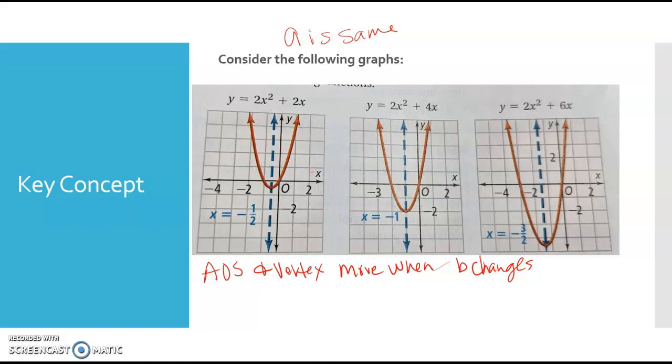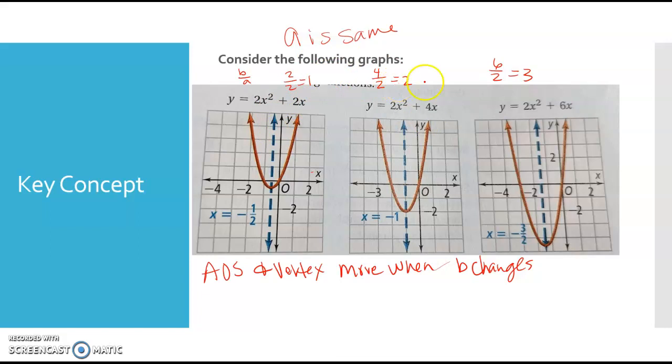As we continue looking, notice that if we do b divided by a for each of these, we would have 2 divided by 2, which equals 1, 4 divided by 2, which equals 2, and 6 divided by 2, which equals 3.